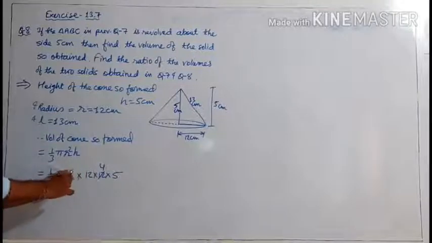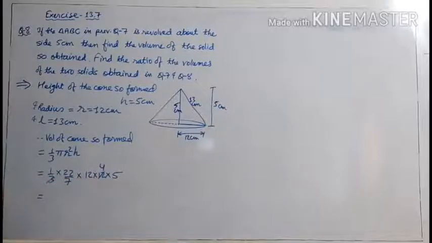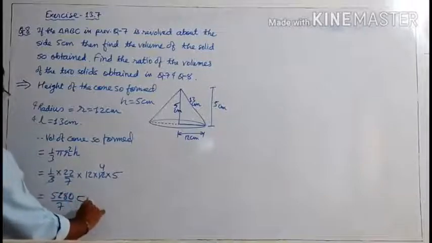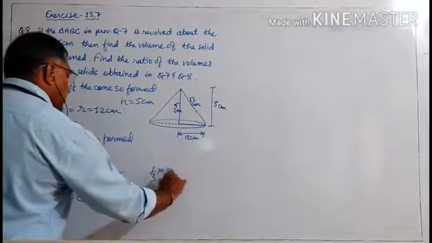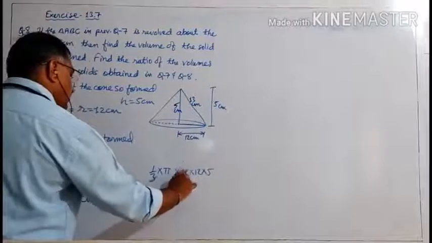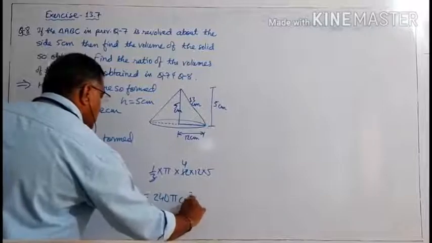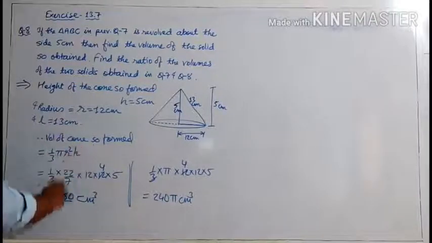So now you see 4 multiplied by 12 multiplied by 5, that is 5 4s are 20, 12s are 240. 240 multiplied by 22 by 7, that means here we will get 5280 divided by 7 centimeter cube. But if we keep this in terms of pi, then we will get 12 multiplied by 12 multiplied by 5, so 3 4s are 12, and thus we get 240 pi centimeter cube. So both are one and the same thing. Here we have taken it in terms of pi because we want to go for the ratio.